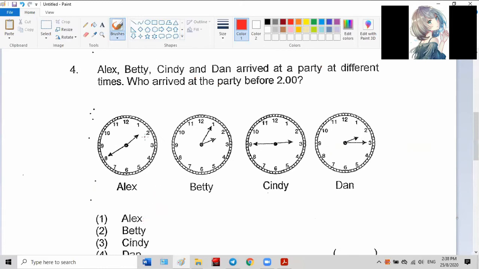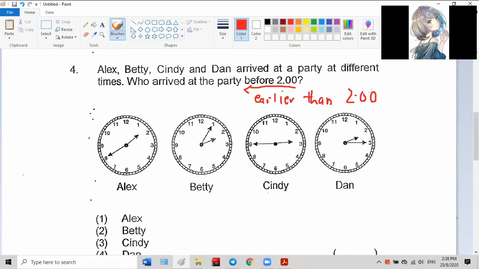Next one. Alex, Betty, and Cindy arrived at a party at different times. Who arrived at the party before 2? That means it cannot be 2, it must be earlier. Before means earlier, like 1 something or 11 something is before 2.